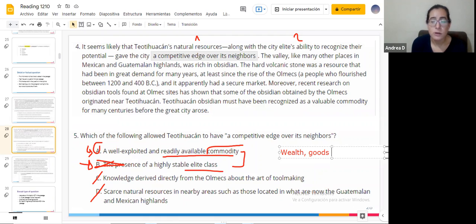So readily available commodity just means natural resources. And the city's ability to recognize their potential means that they exploit them well, right? So they not only had the resources, but they had the ability to recognize them and exploit them. Okay, so that's why A is the answer.